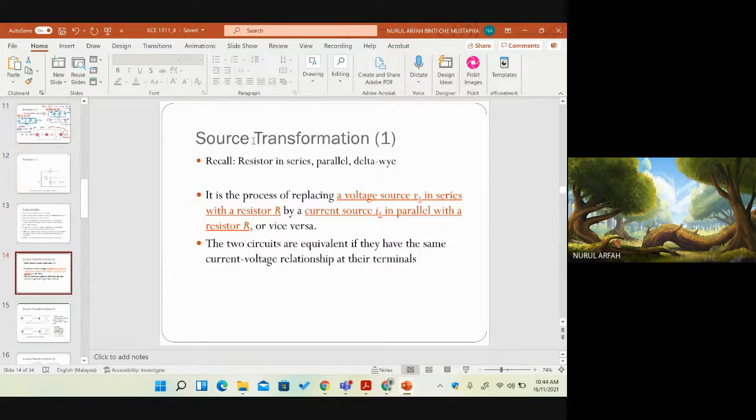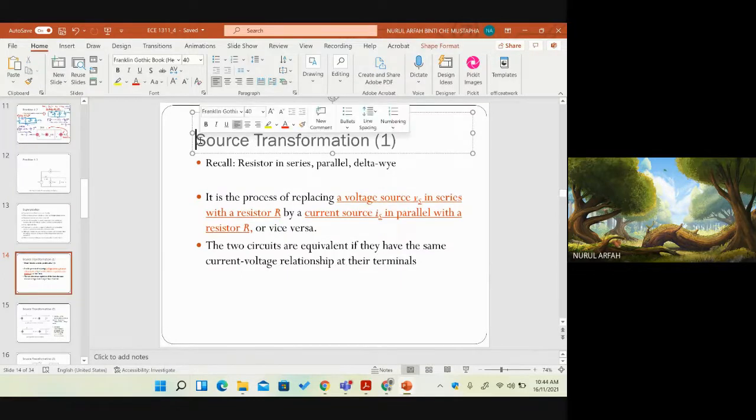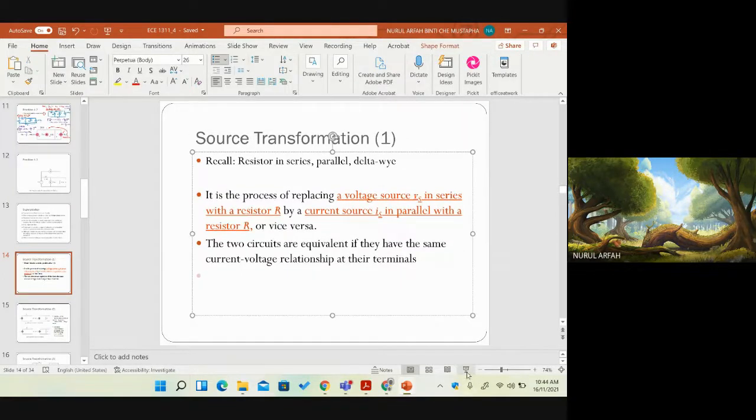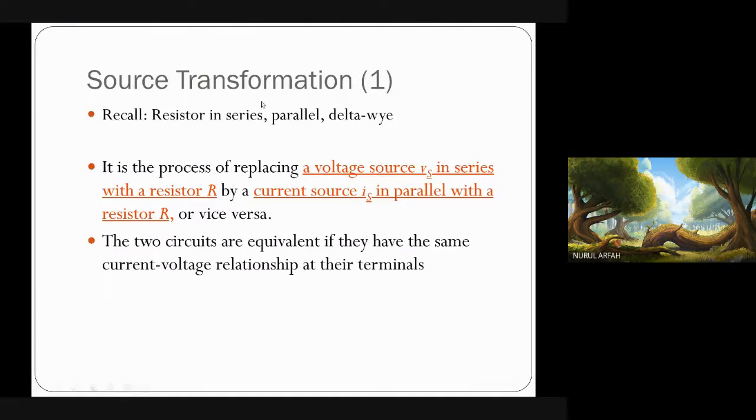Okay. Source transformation. Alright, this is the next subsection of your chapter 4. Very important. So what are they? You need to reapply this resistor in series. What resistor in series? You can do the parallel rules or you need to plus all resistor in series. Which one? Plus, right? Resistor can be added in series.